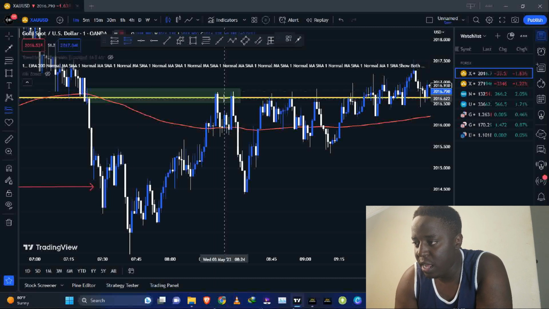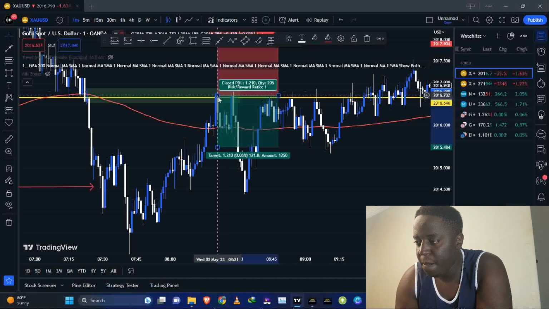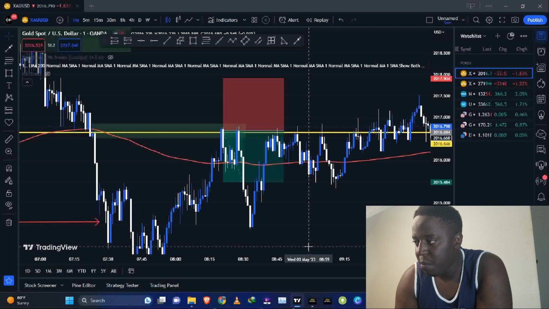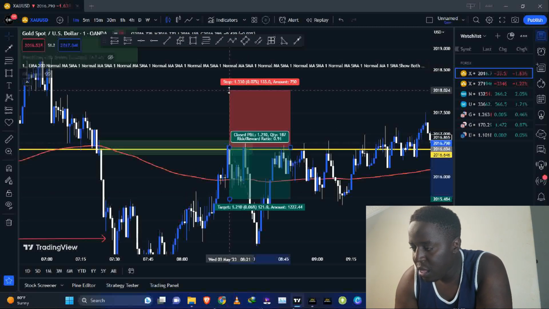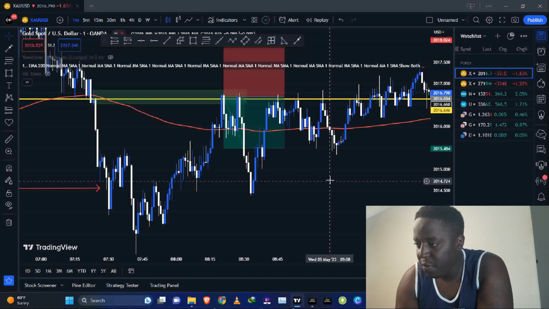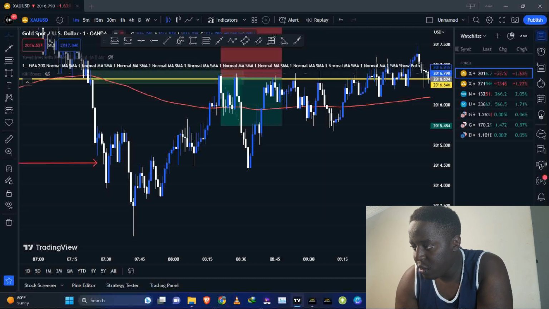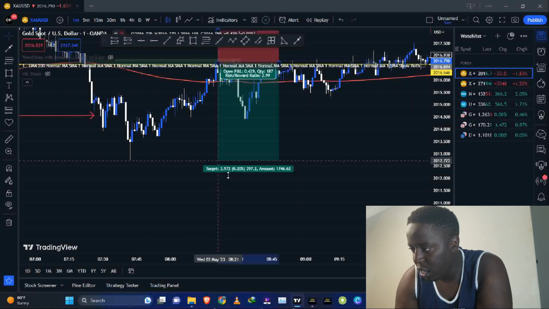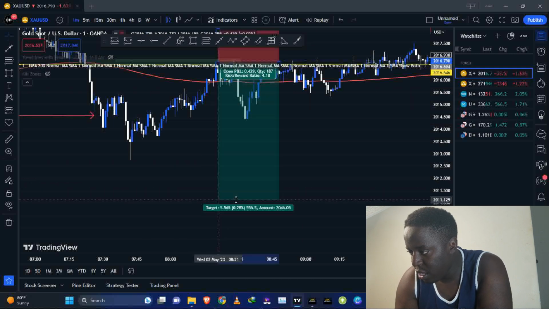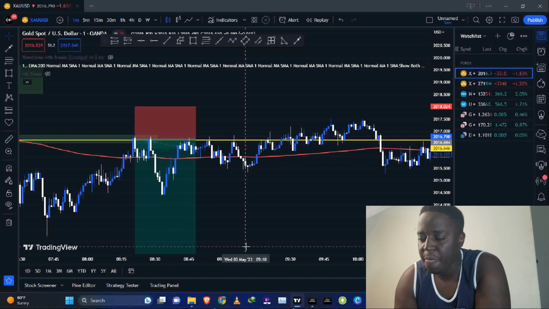I entered the trade here. My stop loss was at 2018 up here, and my take profit was down here. I think at 2011, my take profit was around there.